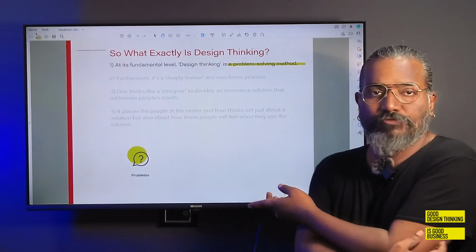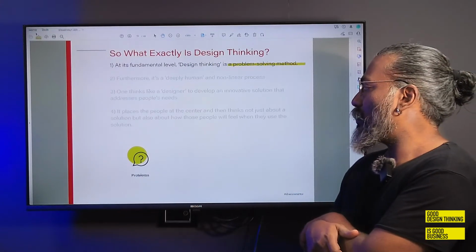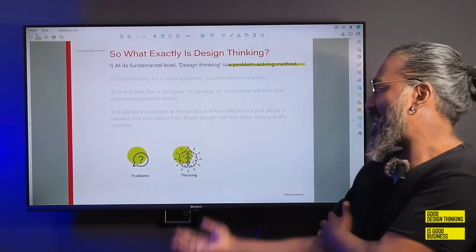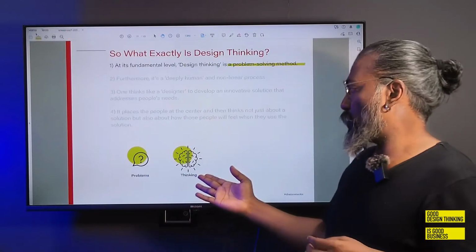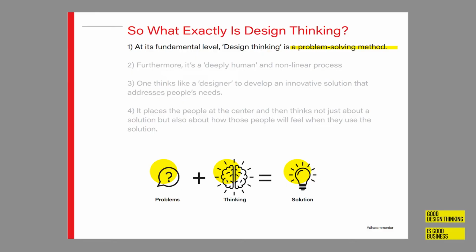I'll give you one very simple example. Of course, you identify the problem. Then as we were discussing earlier, we apply our thinking to solve this problem. That's how we generate a solution.